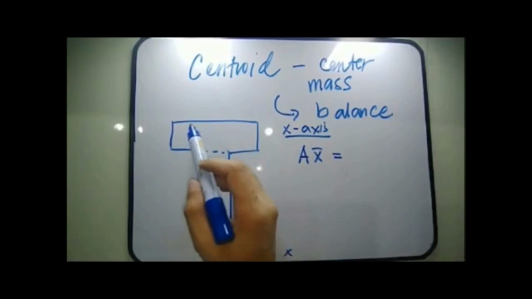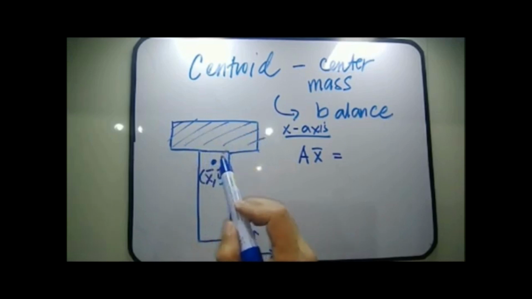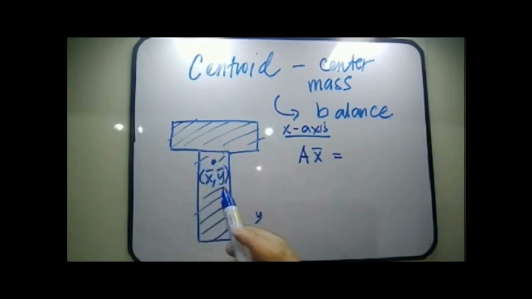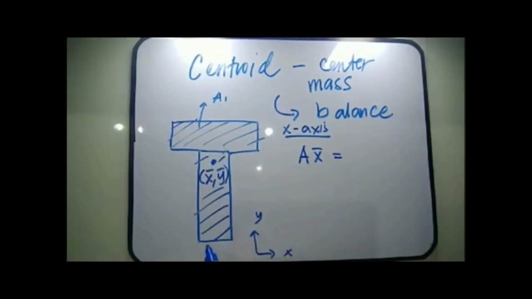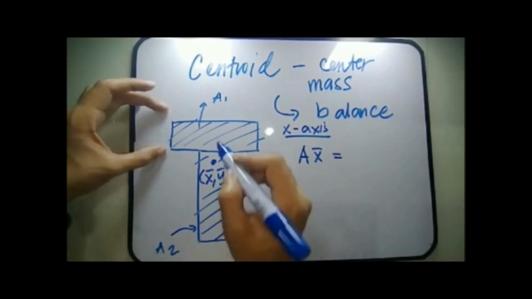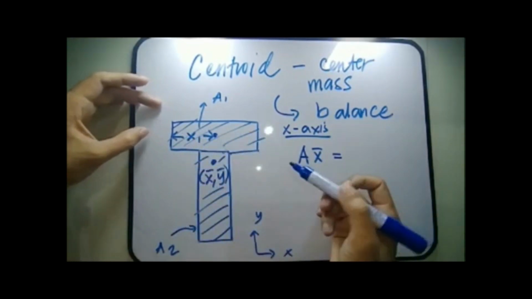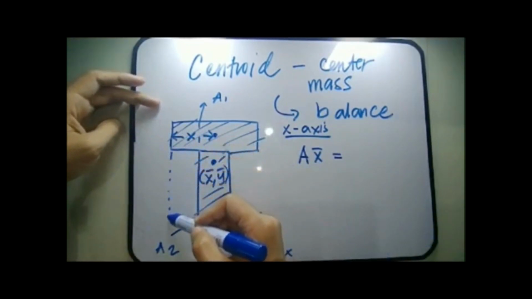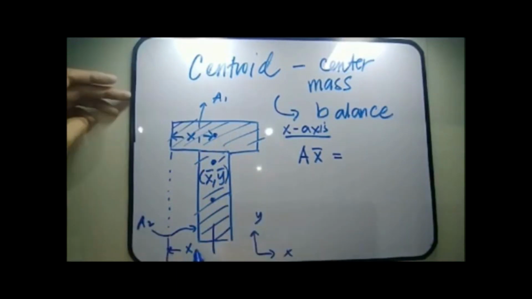So using these regular shapes, we can easily find its centroid. So if this is a rectangle here, say this is A1 and A2 at the bottom, it has a centroid guys. Let's say x sub 1 at the x-axis. And you have A2, it also has a centroid represented by x sub 2.